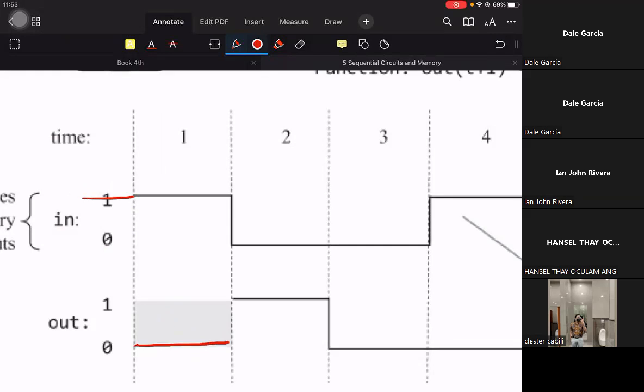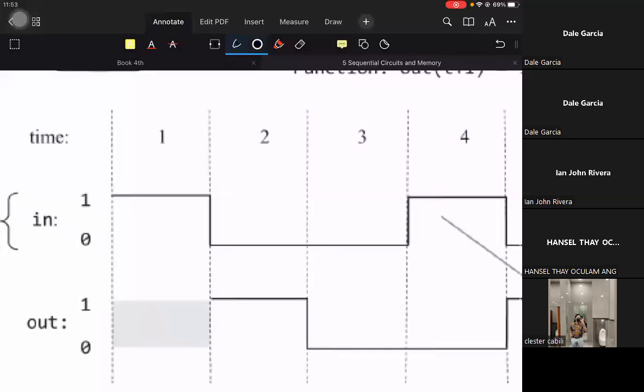Sorry, isn't it an inverter? The output is high if the previous input is low, and the current output is low. It could be either, but because we don't know, it's best to ignore it. Don't know.